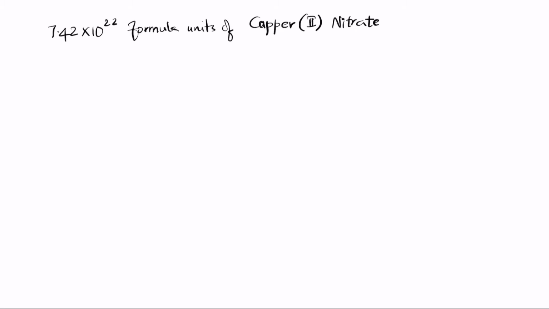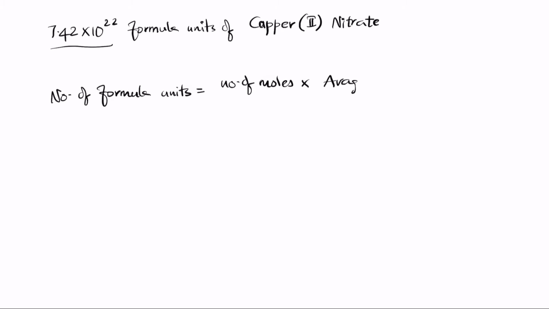Now, how do you convert this here? Again, it's in the number of formula units, and we want the number of moles. So we know that the number of formula units is equal to the number of moles times the Avogadro number.